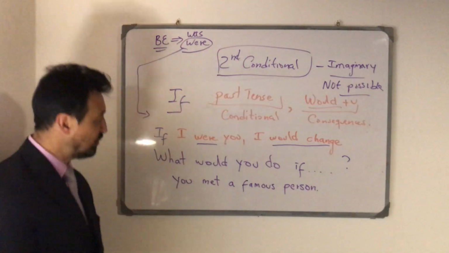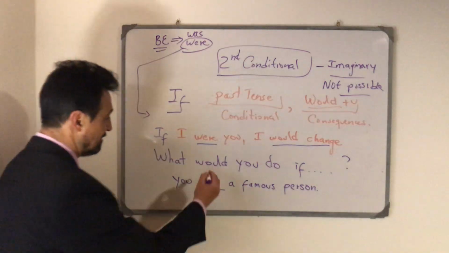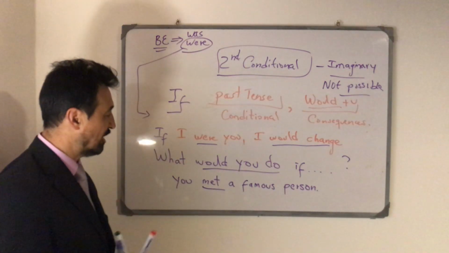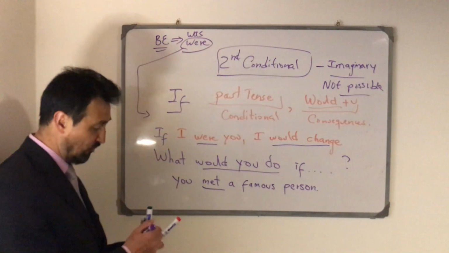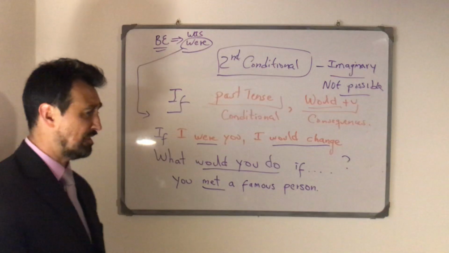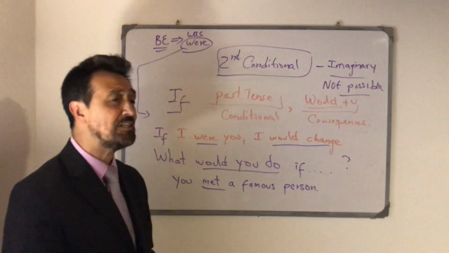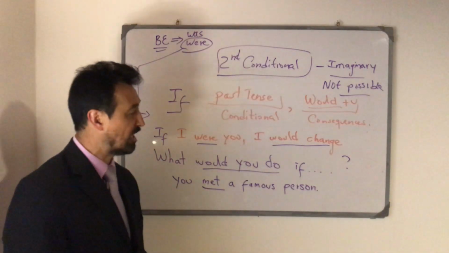What would you do if you met a famous person? Past tense, conditional. Maybe you say, okay, if I met a famous person, I would talk with him or with her. I would ask him for a signature. Yes, in different situations.